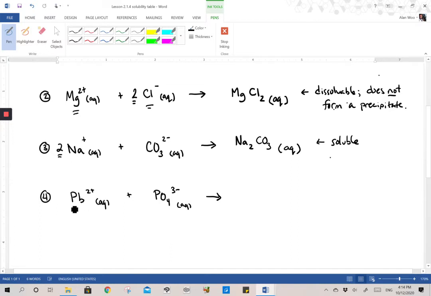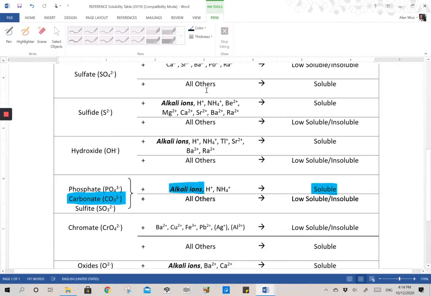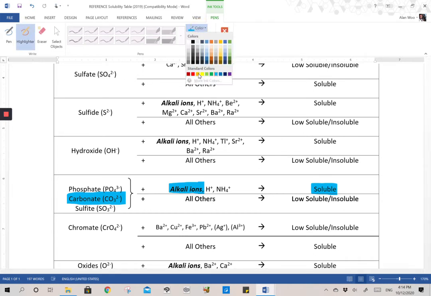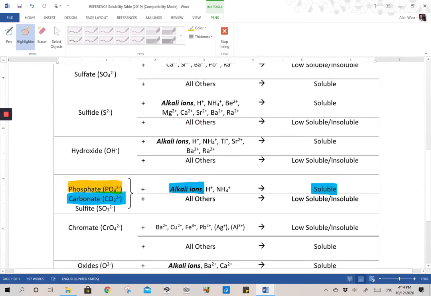The last one is PO4 3 negative. So this is the phosphate ion with a lead ion. So again, we'll go back to our sheet here. Okay, phosphate is in the same grouping as carbonate. So it doesn't matter whether you have phosphate, carbonate, or sulfite.